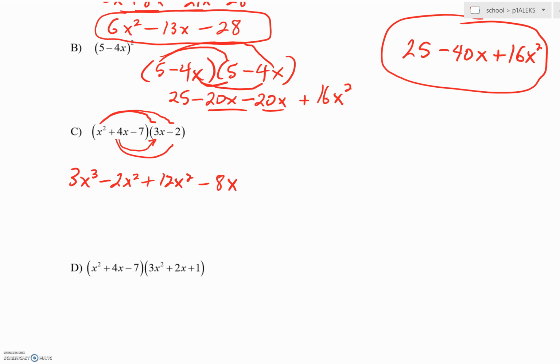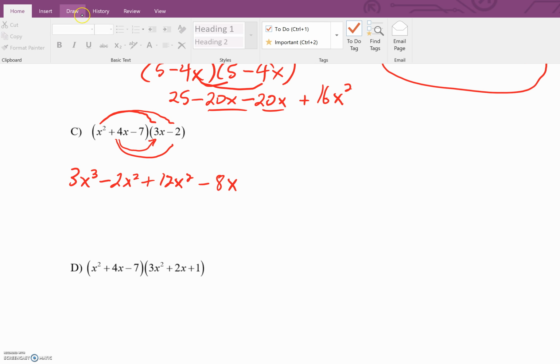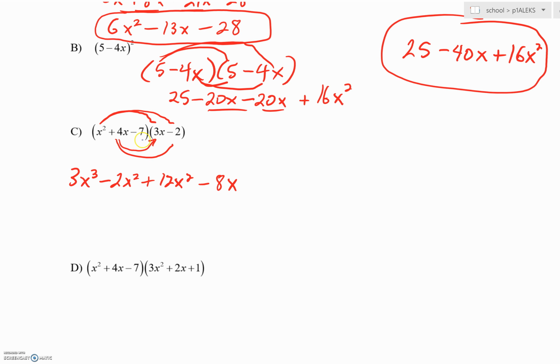There's one last thing that you're going to have to do, and I'm going to even change the color to just make it stand out. You got to distribute that minus 7. The minus 7 times 3x is a minus 21x, and the minus 7 times a negative 2 would be a plus 14. Now the cool thing is your like terms are actually lined up pretty close to each other.